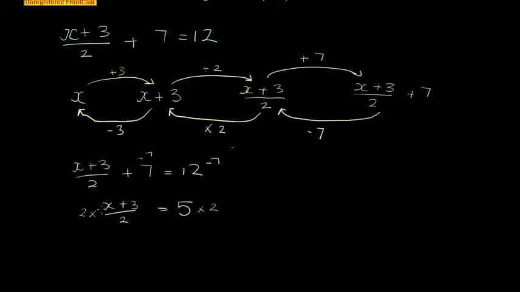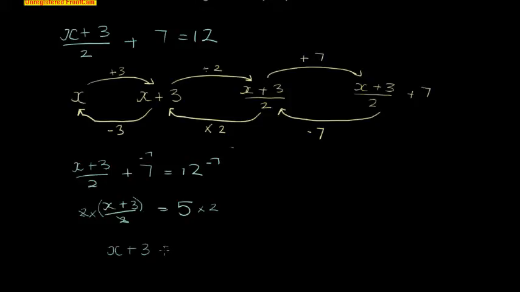Now when we've got this whole expression here divided by 2, we can think of it as having brackets. Okay, so this is all one term here. When it's all divided by 2, the x plus 3 is all divided by 2. So when we multiply this side by 2, the 2's cancel out, which will just leave us with the x plus 3.